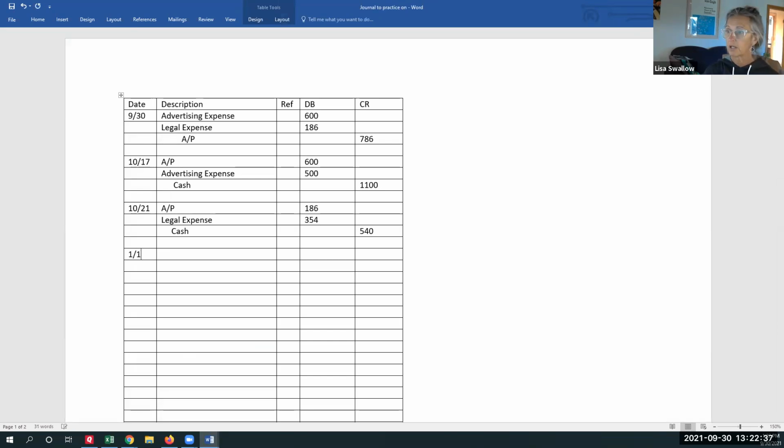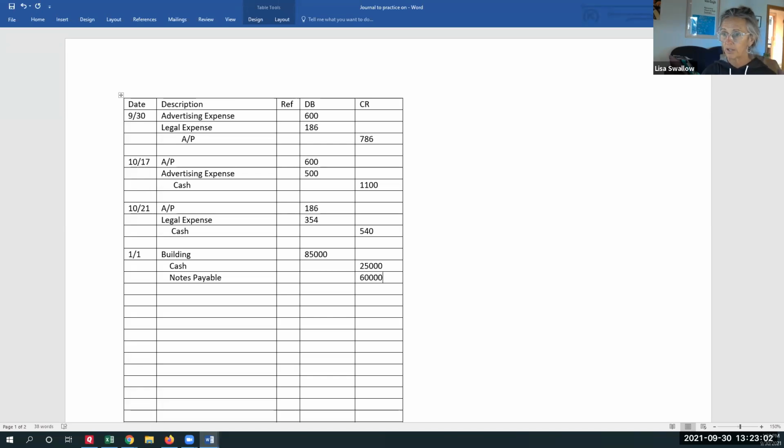Okay. So on 1-1, pretty straightforward. We have an asset of a building, right, for 85 grand. I wrote a check for cash for 25 grand, so my cash went down. And then I signed a note for the other 60,000.